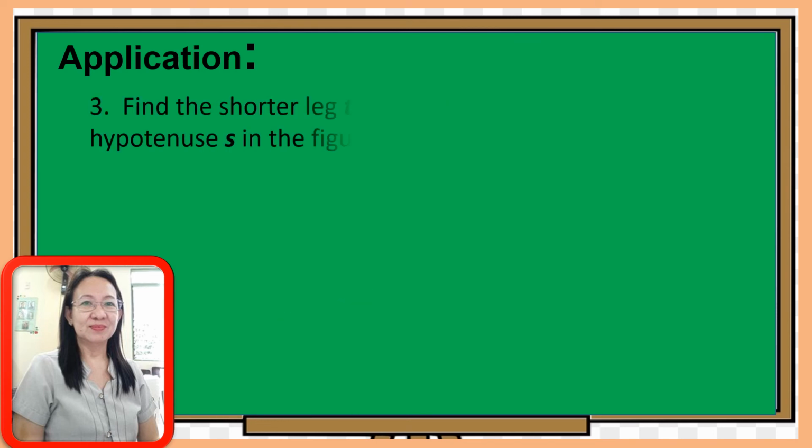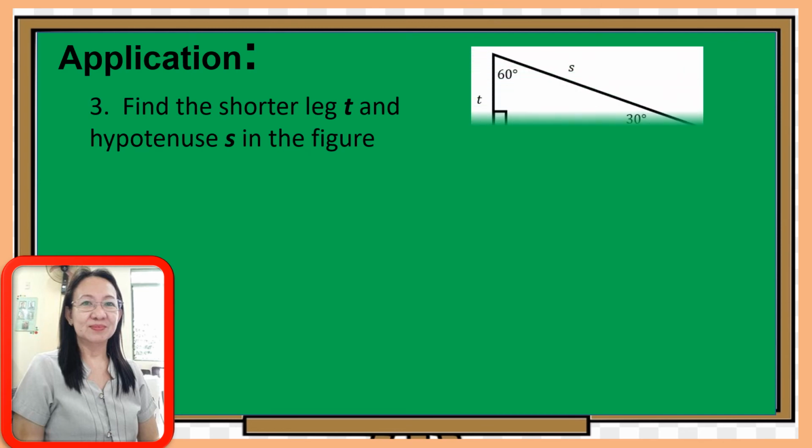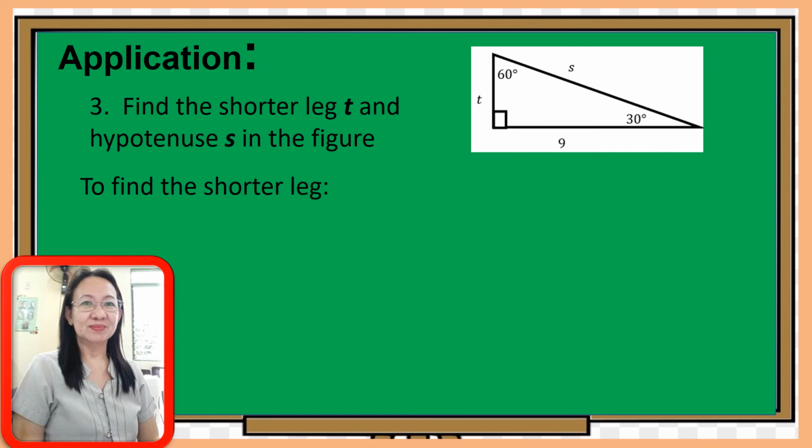Now another one is, find the shorter leg represented by t and the hypotenuse, which is s, in the figure. So in the figure, we have a 30, 60, 90 triangle. To find the shorter leg, we're going to use the formula t is equal to the longer leg times the square root of 3 over 3.